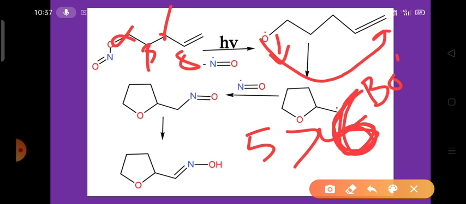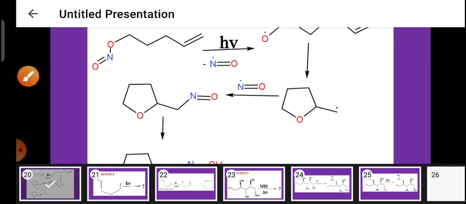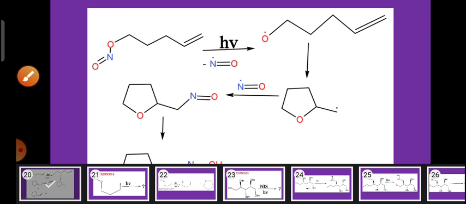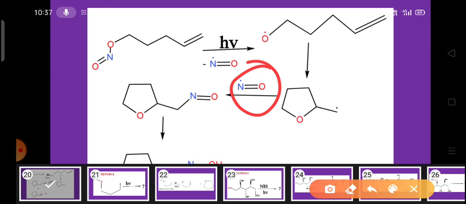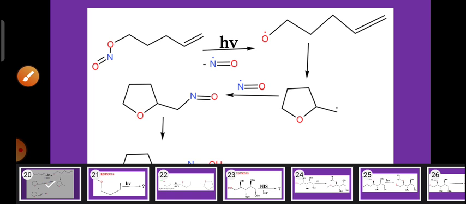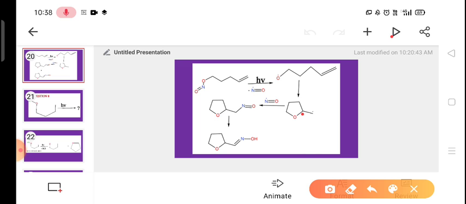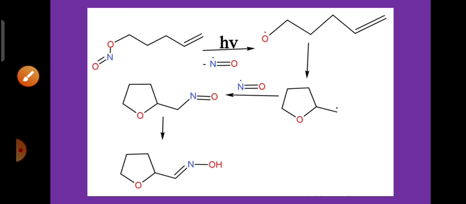So according to the Baldwin rule, formation of the five membered ring is more favorable. As a result, we get this five membered ring and a free radical here, and then the nitroso group attacks this free radical, and at last we get the oxime here.